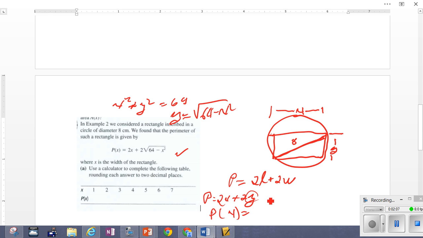And replacing that, we can now express p as a function of x, which would be 2x plus 2y, but y is the square root of 64 minus x squared. And, of course, there's our function that's called for up here.